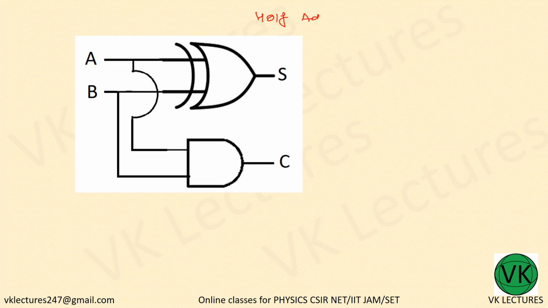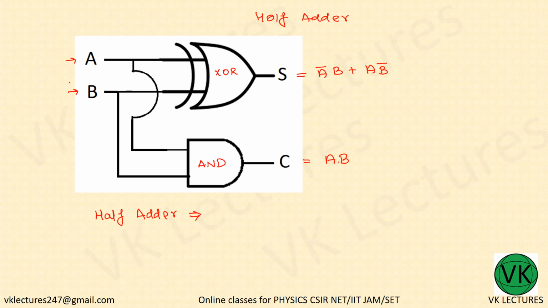So for the half adder with inputs A B, this is the XOR gate. Sum is given by A bar B plus A B bar, and both of the inputs A and B go to the AND gate, giving C equal to A B, A dot B. Through this we get the half adder, which has 2 outputs.